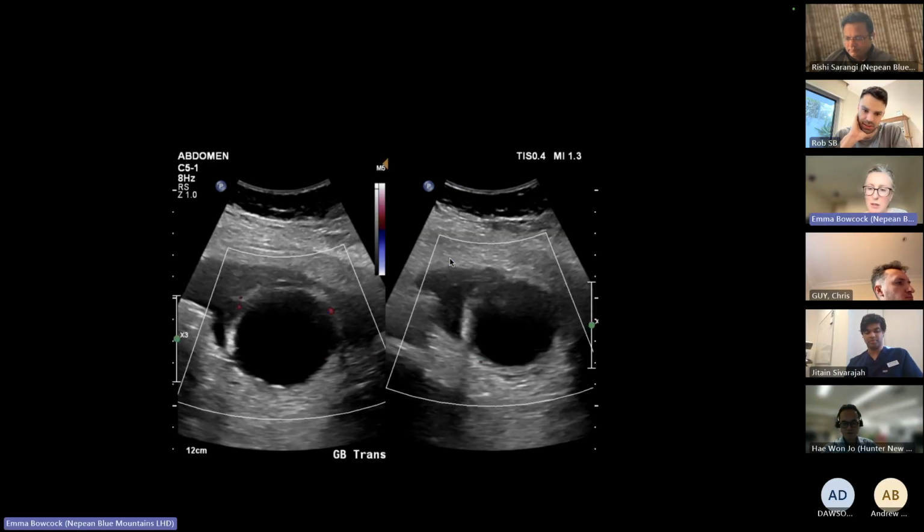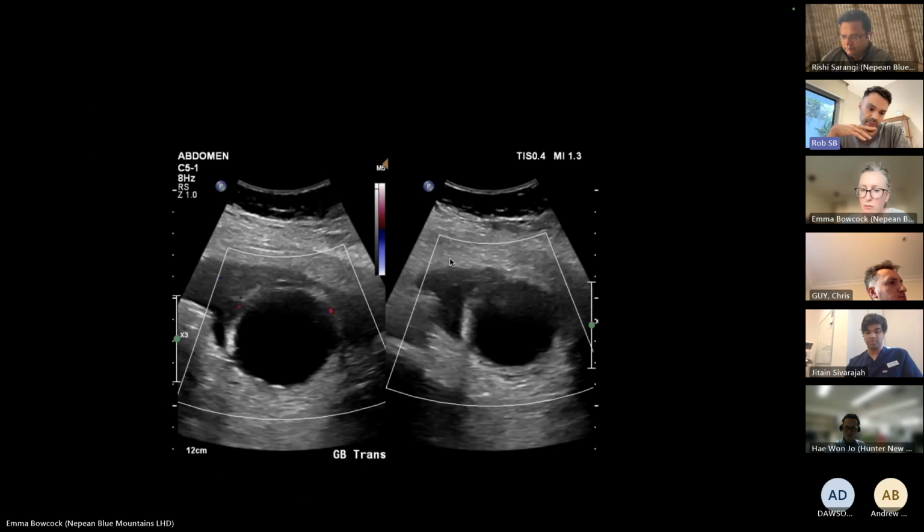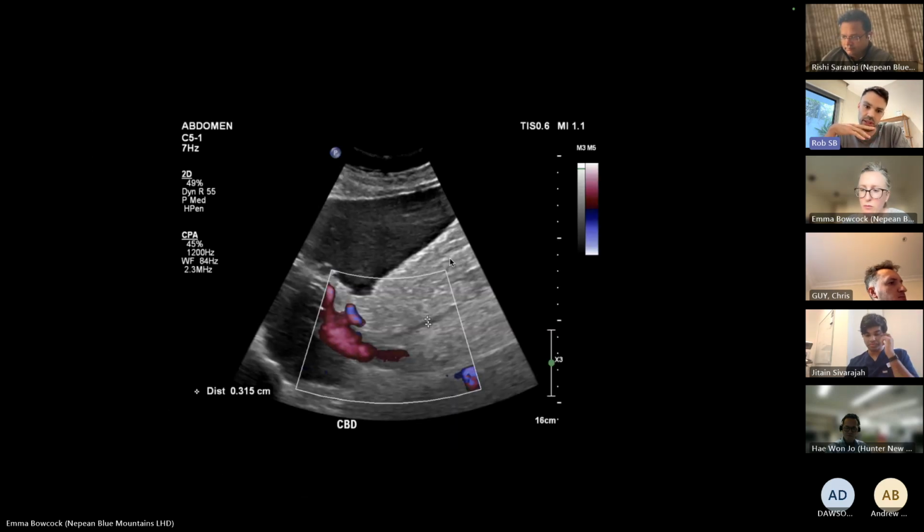And then sonographic Murphy sign, or however you want to call it, is one of them. And then I guess supportive features. So having evidence of stones for a suspected calculus cholecystitis, and then evidence of increased bile duct diameter, but it's not required, but can be supportive.